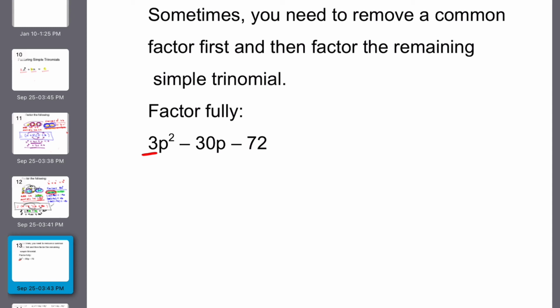So what we're going to do here, we're going to common factor out a 3. Okay, so we're going to take out a 3 from all this. And when we do that, we're going to divide all of our terms by 3 to figure out what's in our bracket, right? This is common factoring. You should always common factor first before you factor anything, if you can. It just helps you simplify it.